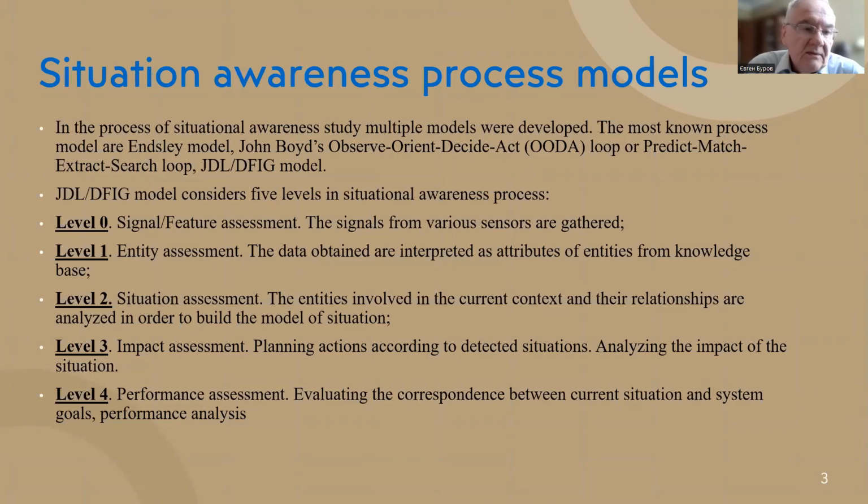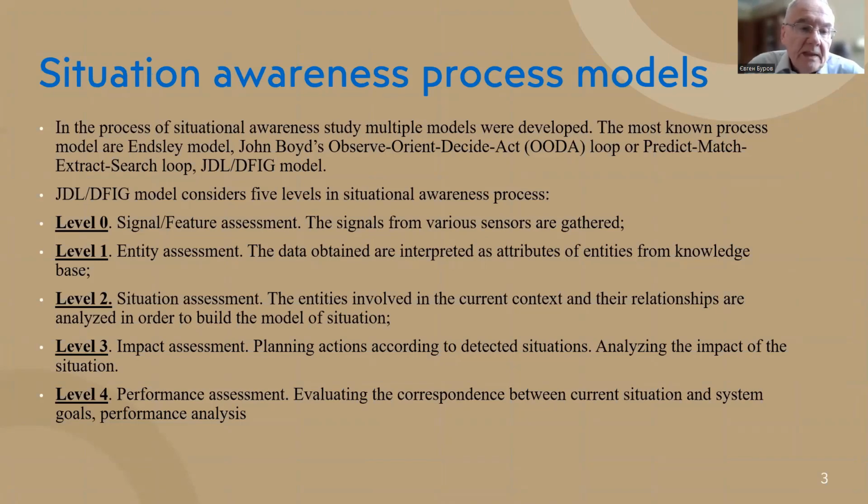This model has 5 levels, numbered from 0 to 4. In level 0 we process signals from various sensors. In level 1 we make entity assessments, so we find correspondences between signals and entities in our knowledge base, the ontology. In the second level, we make situation assessment, so we detect situations which occurred.